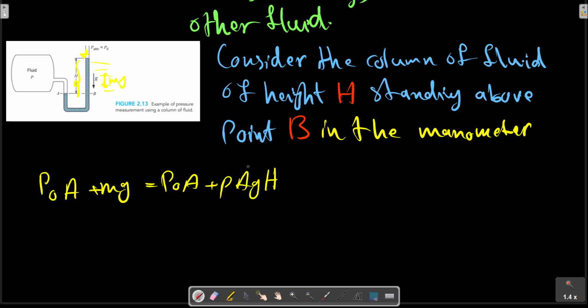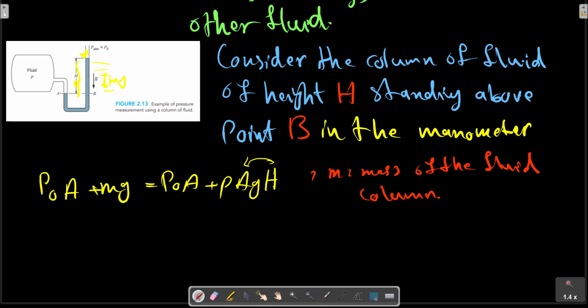AH is the volume, where m is the mass of the fluid column, A is its cross-sectional area and rho is its density.